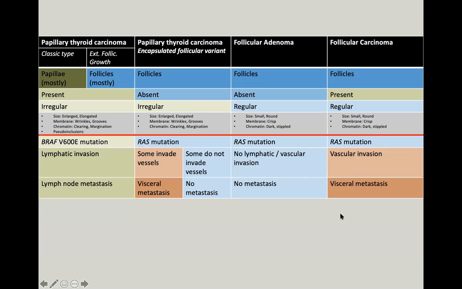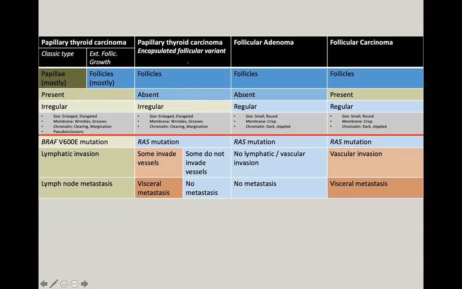Well, what else do we know? We know that, interestingly, the encapsulated follicular variant of PTC, the follicular adenoma, and the follicular carcinoma all had RAS mutations or RAS-like genetics, whereas the infiltrative PTCs, whether they were growing in papillae or follicles, had V600E mutations and classic lymphatic invasion, right?